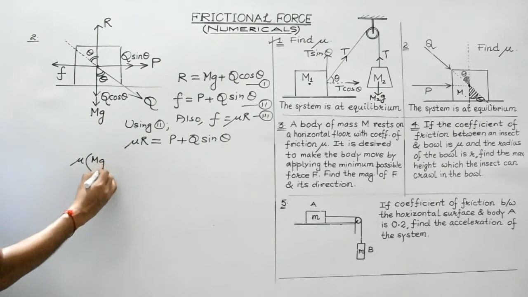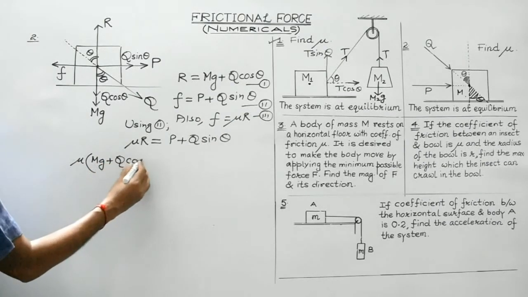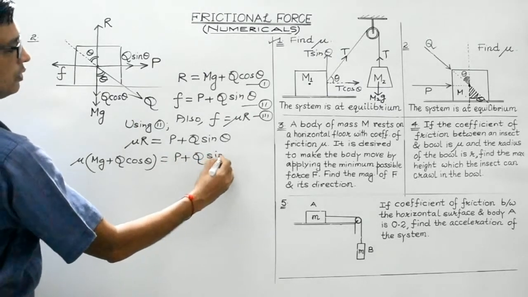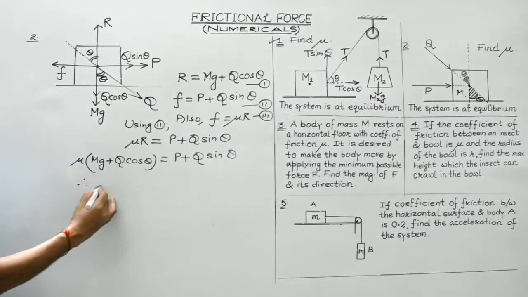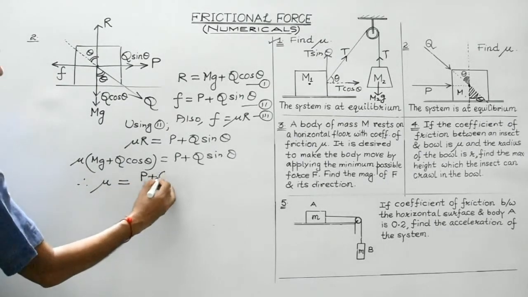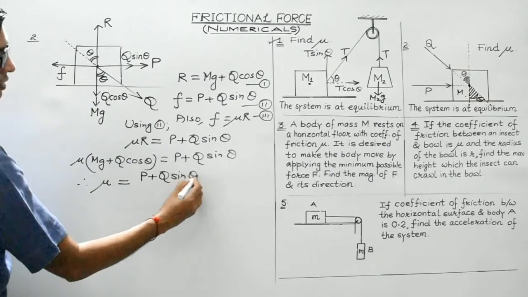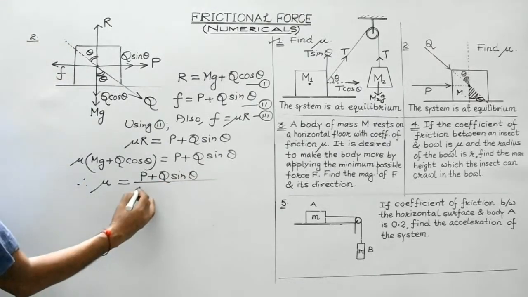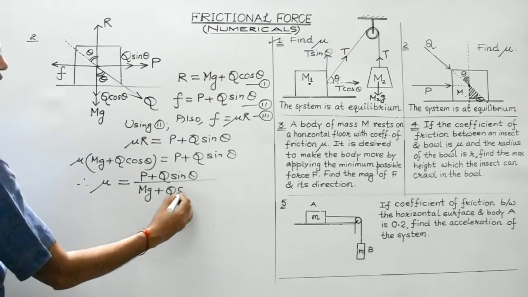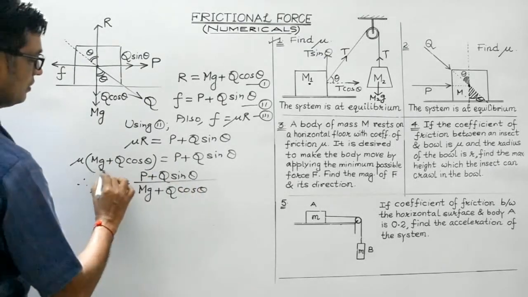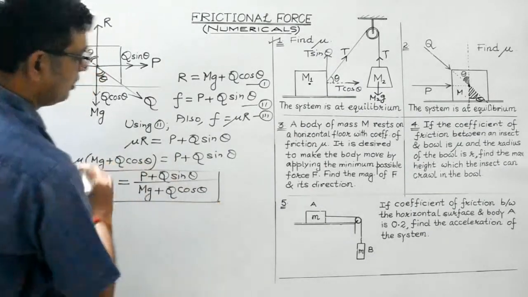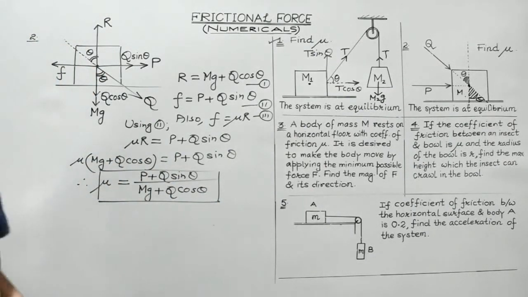What do we get? Mu times mg plus Q cos theta is equal to P plus Q sine theta. Therefore, students, the coefficient of static friction will be equal to P plus Q sine theta divided by mg plus Q cos theta. So this is the expression for the coefficient of static friction.